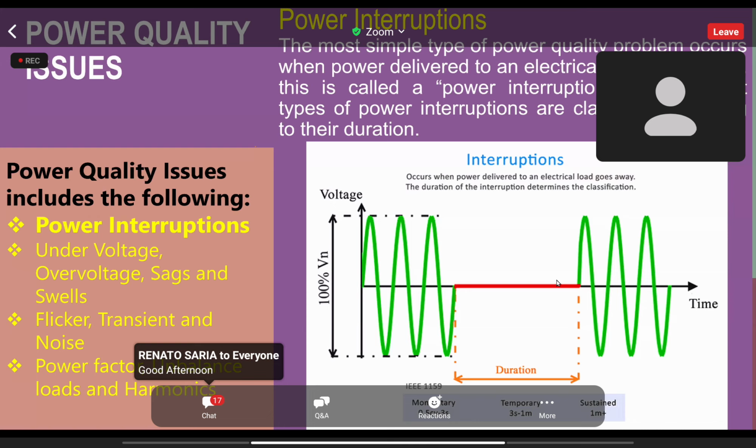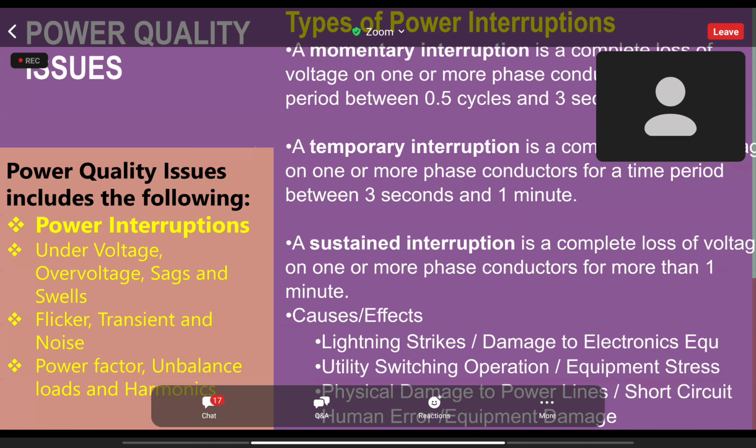If the voltage will be reduced to only 10% for a short period of time, a medium period of time, or a longer period of time, that is considered as an interruption. So if it is only between 0.5 to 3 seconds, it is momentary, and the other one is a temporary interruption if it is from 3 seconds to 1 minute, and it is a sustained interruption if it is completely out of supply for more than 1 minute.